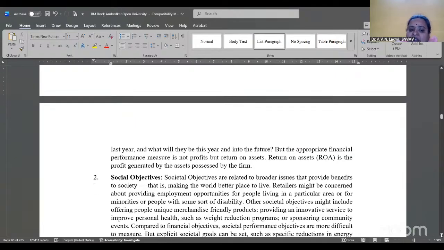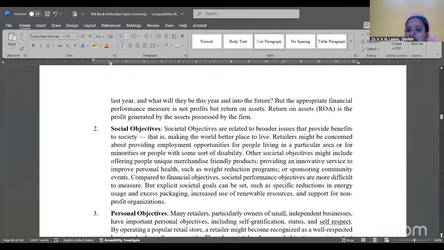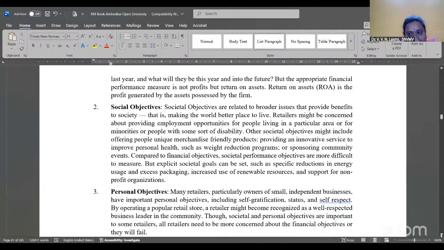Then the retailer also works for social objectives, which include trying to get the required specialized merchandise to the areas. Especially this is important when we are looking at the rural and suburban areas, where because of geographical location and other reasons, it becomes difficult for those people to have all these facilities.